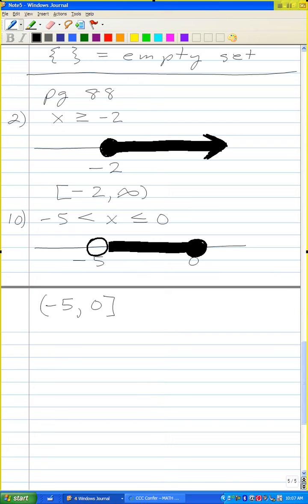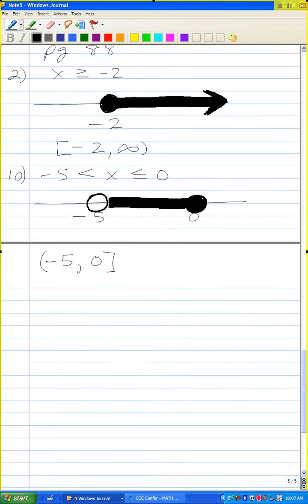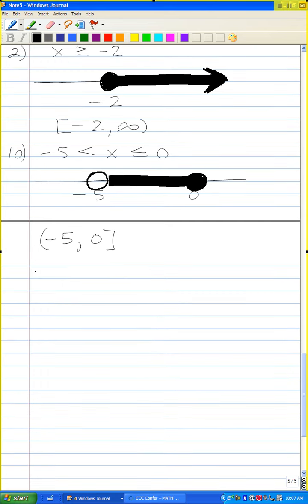Let me do an example first. For x less than 20 plus 2x.